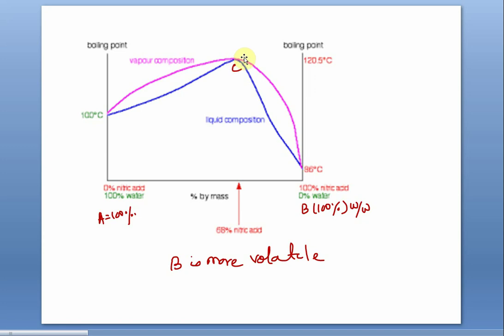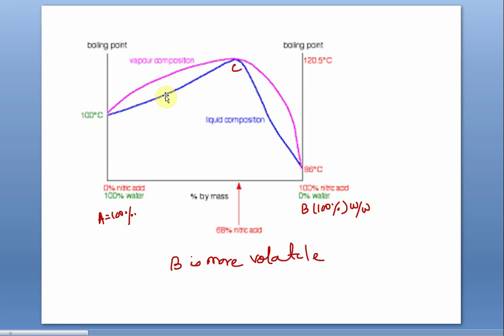Right? Now tell me, if you select any composition to the left, supposing this is nitric acid 68%, and the remaining 32% water. Supposing I give you this point, say 40% nitric acid and 60% water, because it is closer to 100% water.